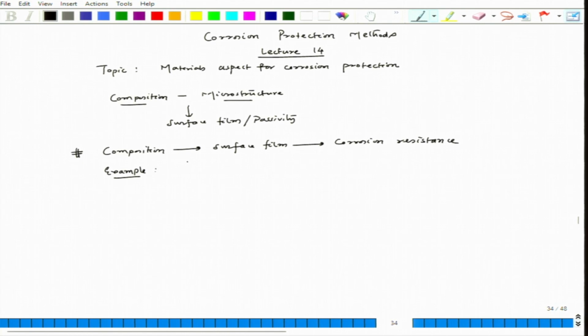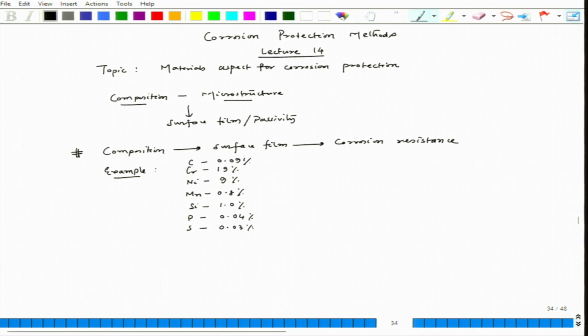And the example: a steel composition where chromium is around 19%, carbon is 0.09%, nickel around 9%, manganese around 0.8%, silicon 1%, phosphorus 0.04%, and sulfur 0.03%.